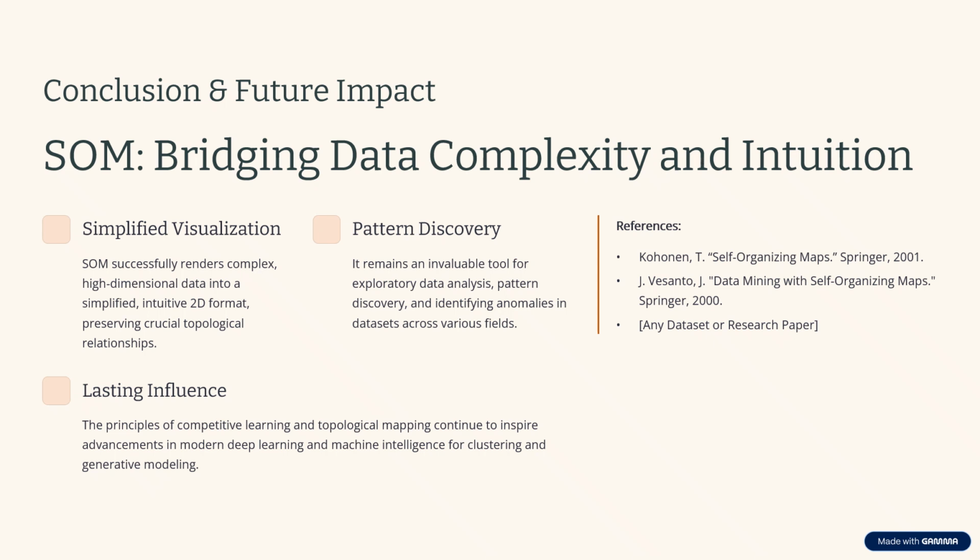SOM remains valuable for exploratory data analysis, pattern discovery, and anomaly detection across fields like marketing, biology, and finance, etc. Even today, the idea of competitive learning and topological mapping continues to inspire advances in deep learning and generative modeling. In essence, the self-organizing map is not just an algorithm, it's a way to teach machines how to organize and interpret the world around them, which helps humans.